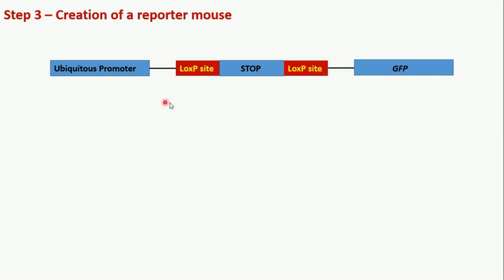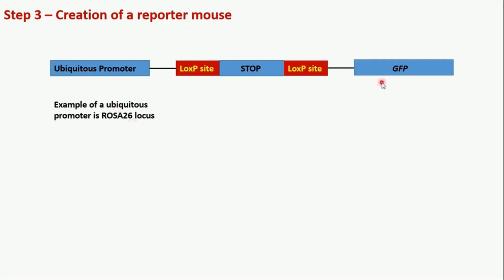And under the control of the ubiquitous promoter, we use the coding sequence of GFP. One example of a ubiquitous locus is ROSA26. ROSA26 is a DNA sequence which is expressed in every cell.